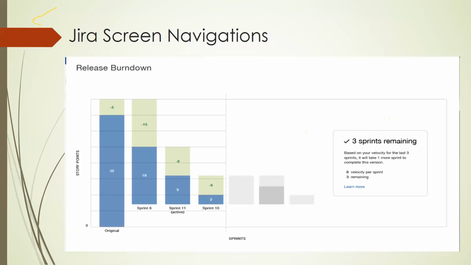Your burn down charts will showcase how many sprints there are and how many are completed or how many issues are reopened. So out of 35 here, there are 5 reopened in terms of issues which have to be addressed. There are others in sprint 6, for 18, in which 15 more are reopened because of multiple issues faced by the developer team.